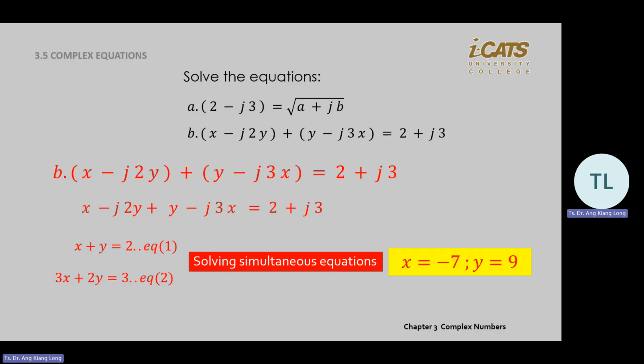So this part B is actually asking you to solve two equations. How do you know you need to solve simultaneous equations? When you arrange, you will see the real part. In this case, the real part will be x and y, x and y equal to 2. And then the imaginary part will be 2y, 2x. Hey, something missing in my equation.